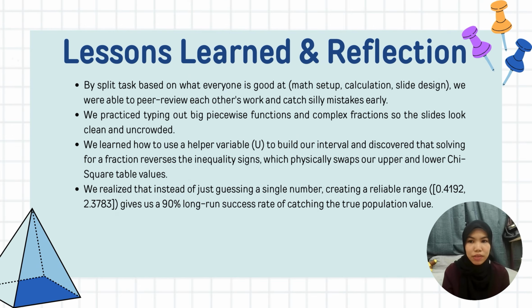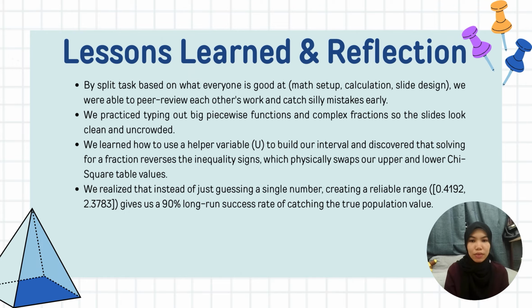To wrap up our presentation, we would like to share our lessons learned and reflection. First, by splitting tasks based on what everyone is good at, such as math setup, calculation, and slide design, we were able to peer review each other's work and catch silly mistakes early. Second, we practiced typing out big piecewise functions and complex fractions so the slides look clean and uncrowded.